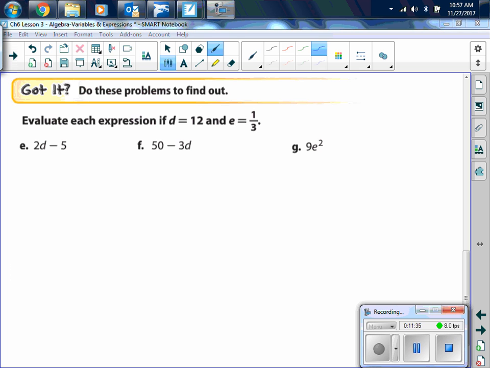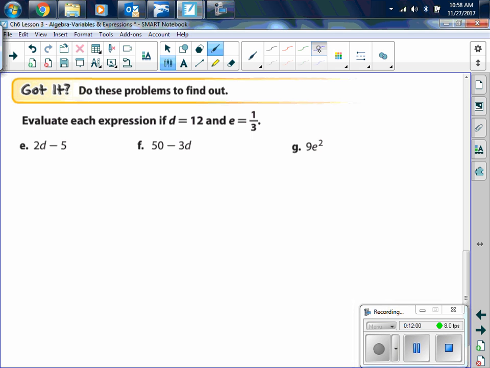All right, so for the got it problem, we want to evaluate each expression if d is equal to 12 and e is equal to 1/3. Make sure you write your instructions. Then we're going to write our original problem, and then we will substitute and simplify. So 2d minus 5 means 2 times d, minus 5.